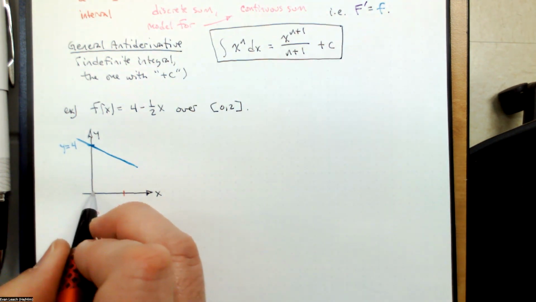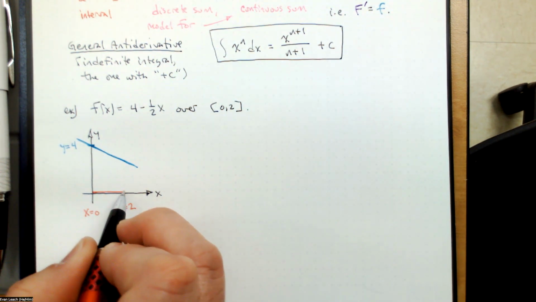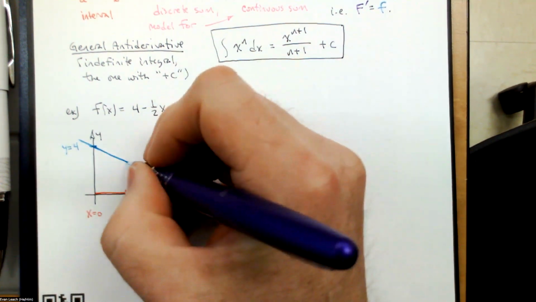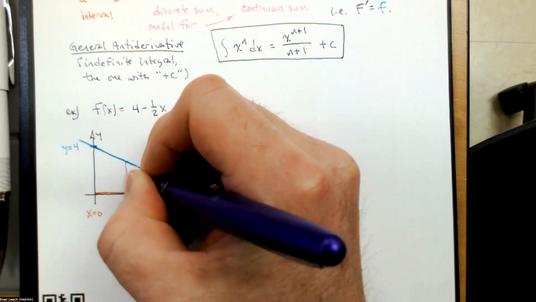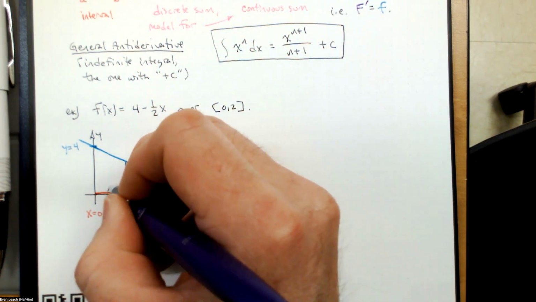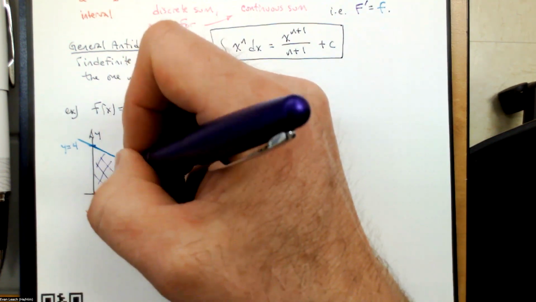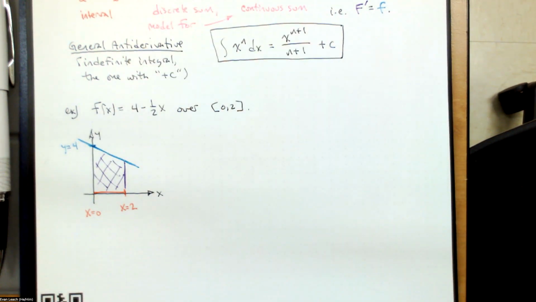And we're interested in the area under the curve and above this interval. So our height is given by this continuous function, 4 minus 1/2 x, and our width is from 0 to 2.